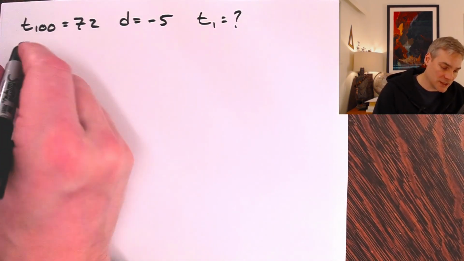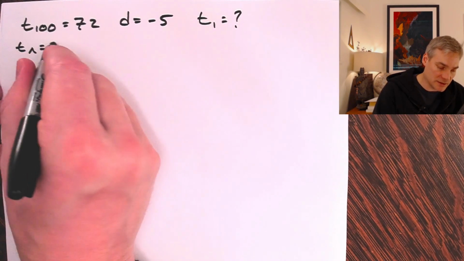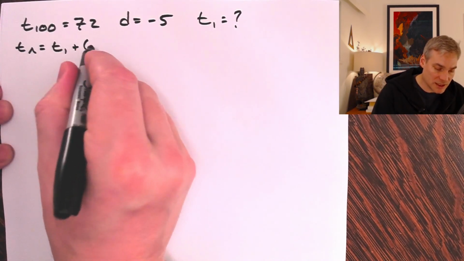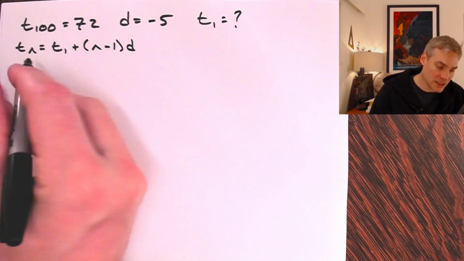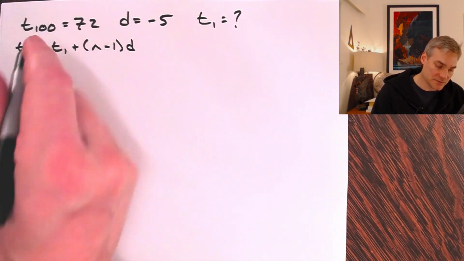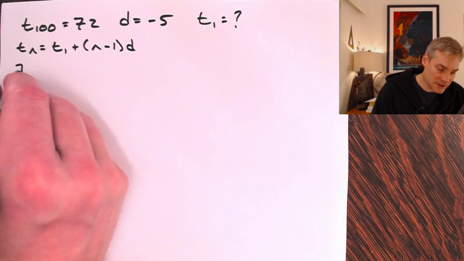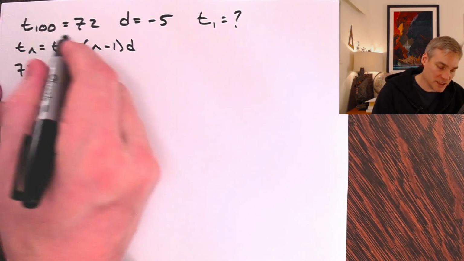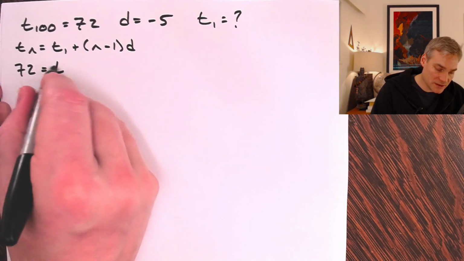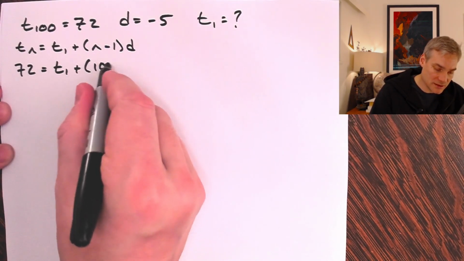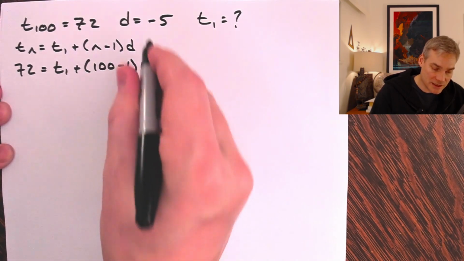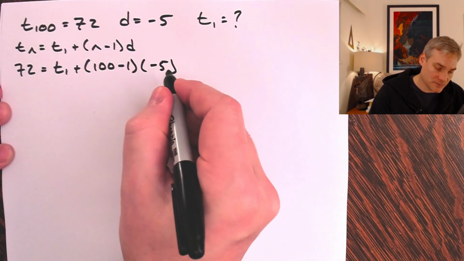Okay, so I know the general equation, Tn equals T1 plus n minus 1 times the difference. So let's say n is 100. So then if that's the case, I have T100 is 72, T1, I don't know, plus, and I have 100 minus 1, and the difference is minus 5.